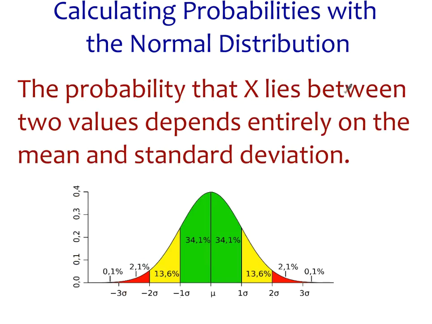Now, that area, the probability that x lies between those two values, depends entirely on where that interval lies on the normal distribution, and the mean and standard deviation help determine that, right?